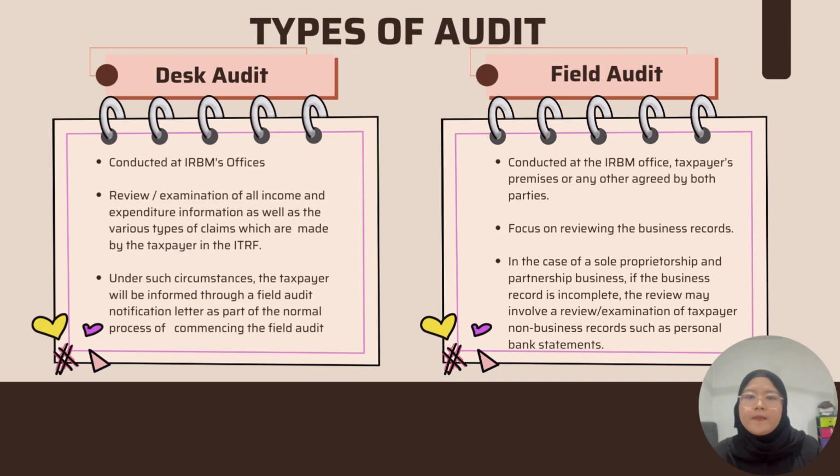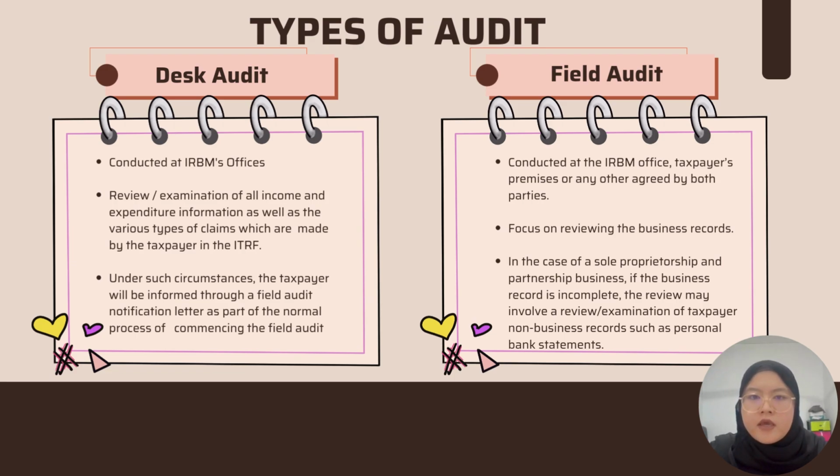For desk audit, they review and examine all income and expenditure information as well as the various types of claims which are made by the taxpayer in the income tax return form. For field audit, it is more focused on reviewing the business records.